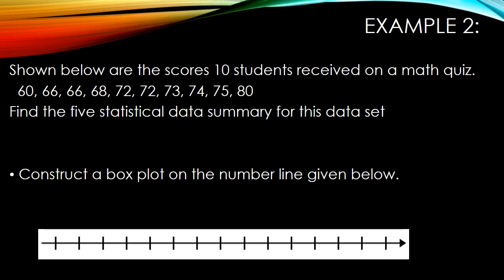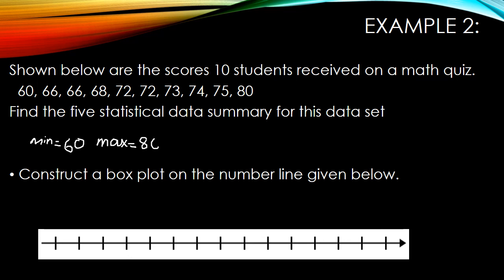So using the calculator, just like I showed you last time in my previous video, we'll find out that the minimum in this case is equal to 60, which is the lowest score. The maximum is equal to 80, which is the highest score.